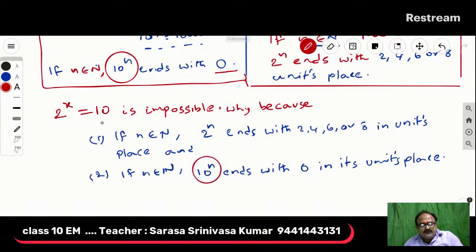Why? Because we have 10 only. You just observe this. We need not write 10 to the power of n here. But I am explaining the concept. That is why I have written 10 to the power of n.